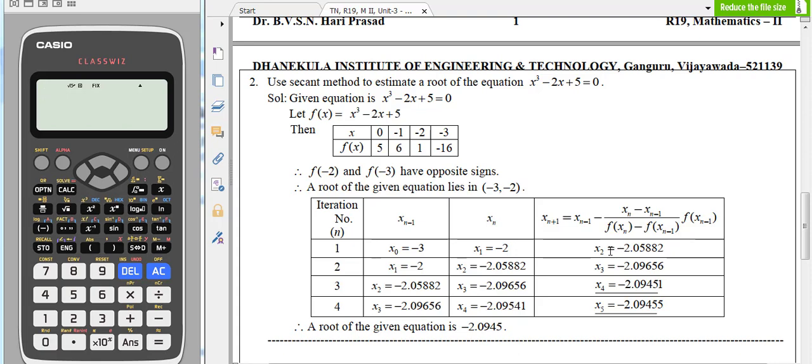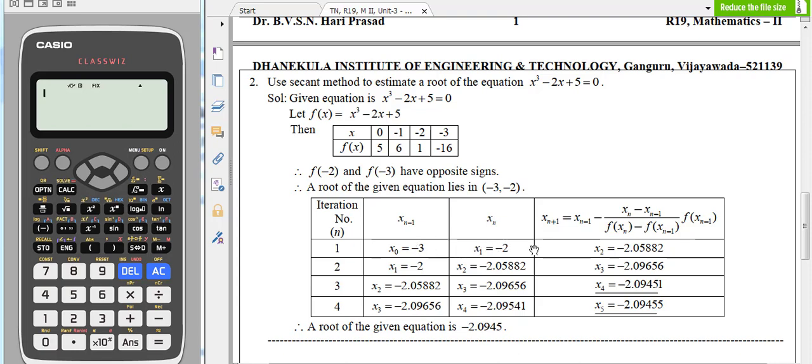2.05882. As we want to calculate the root corrected to 4 decimal places, we note down the values up to 5th decimal place by using the calculator for 5 places fixation. So the starting values to initiate the process are minus 3 and minus 2.